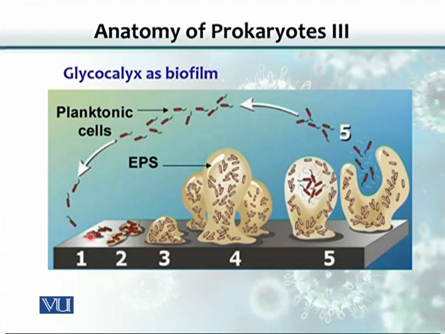And then again, this cycle could be started: the first is attachment, then there's the development of this biofilm and colony making. This is the way these cells survive from one place to the other.